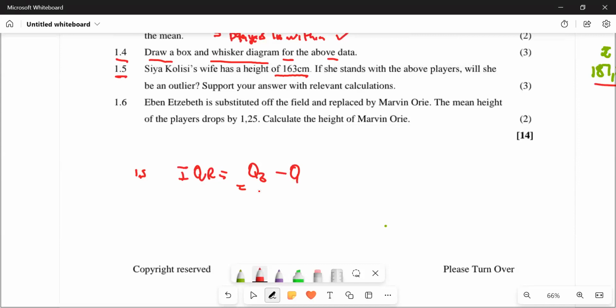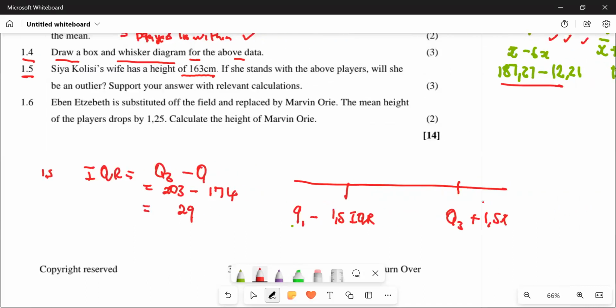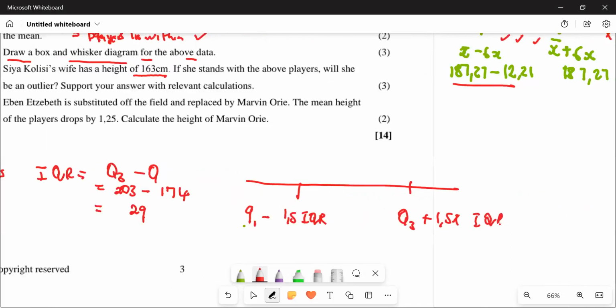What is our Q3? 203. What is our Q1? 174. 203 minus 174 is 29. Okay. After getting the IQR, you are going to do the following. You have Q1 minus 1.5 multiplied by IQR, and then Q3 plus 1.5 multiplied by IQR.